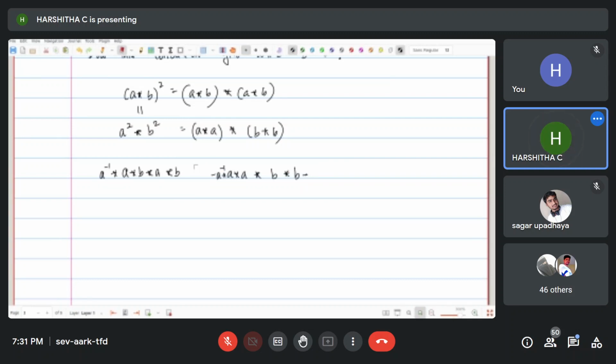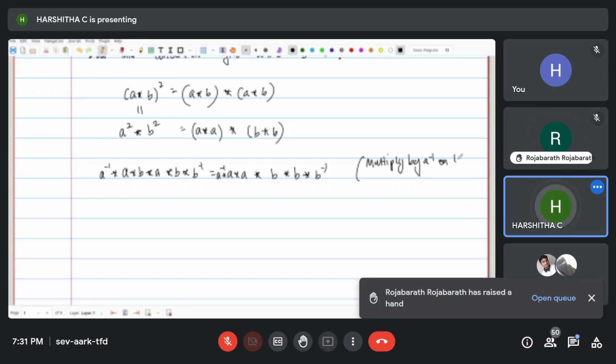So multiply by A inverse on left and B inverse on right.